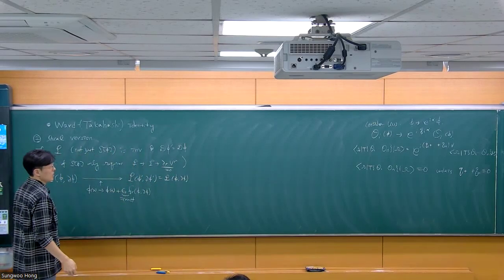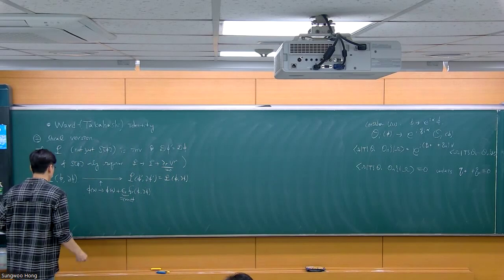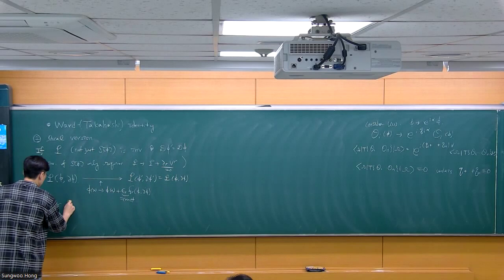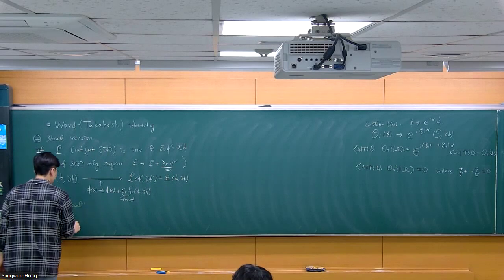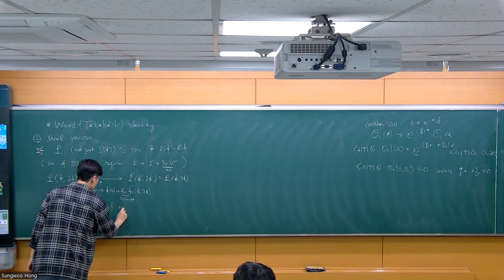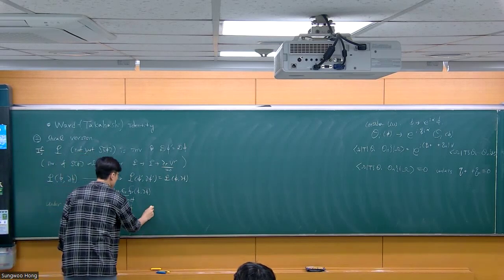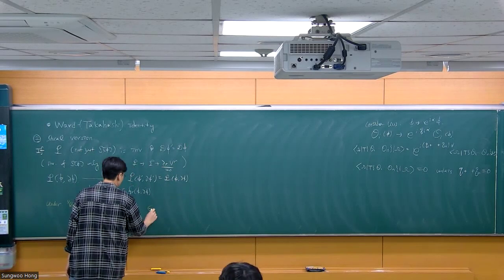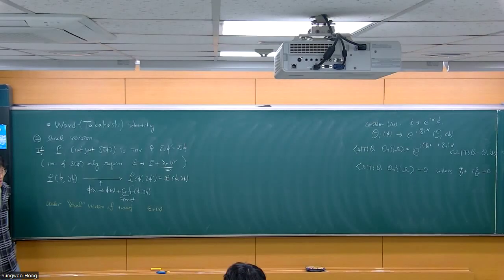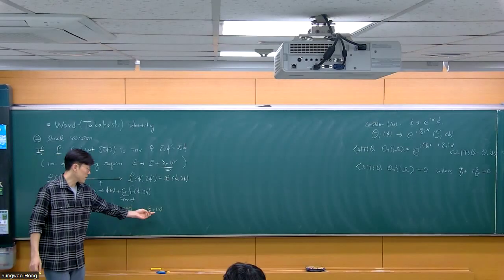Now let's ask about the local version of the transformation, which means that I'm going to take epsilon to be, temporarily, a function of space and time.